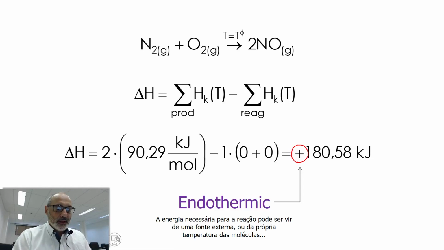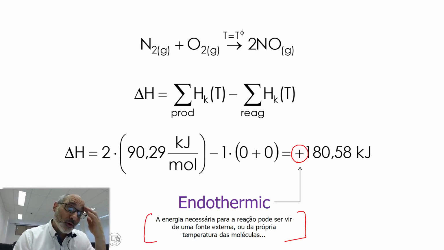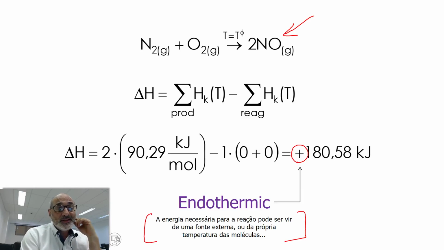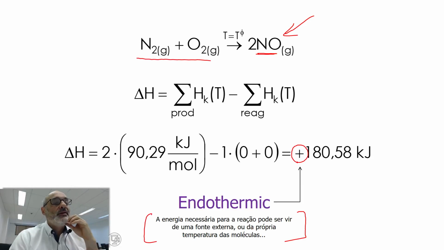This means that 180 must be absorbed for this reaction to take place. And why is that? Because the energy content on the right-hand side is greater than the energy content on the left-hand side. So you need to absorb energy.